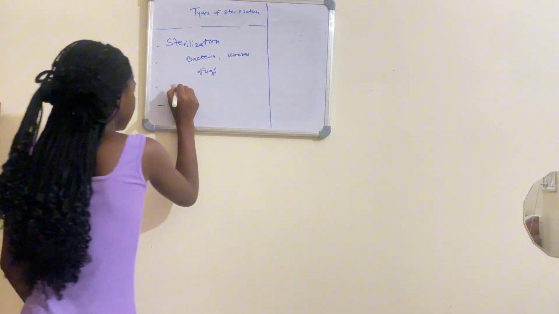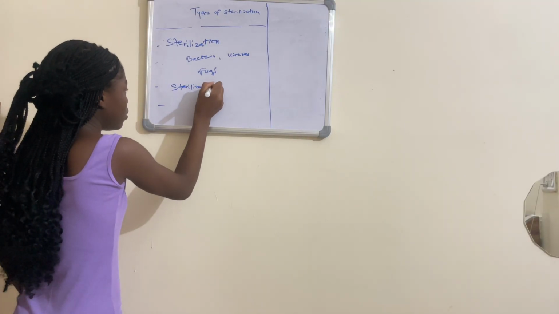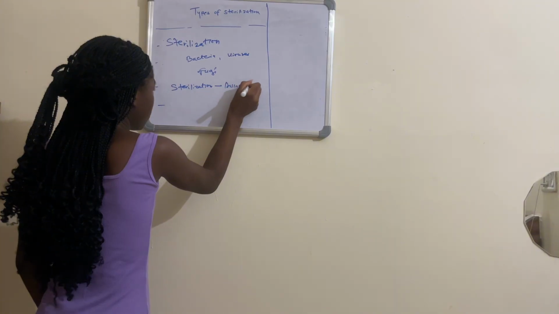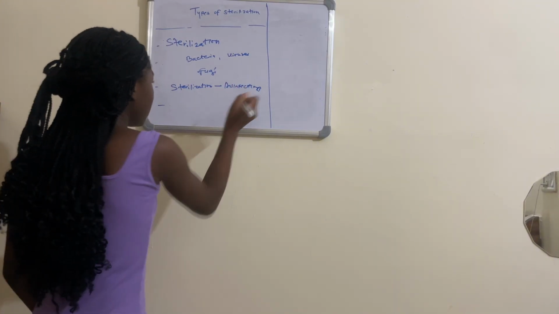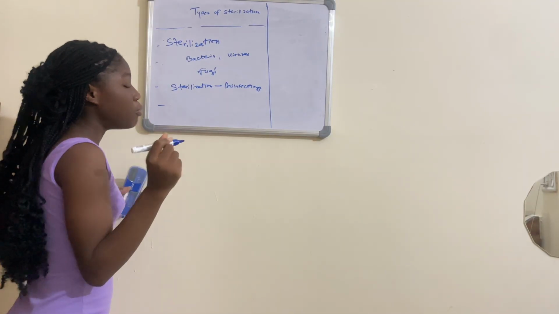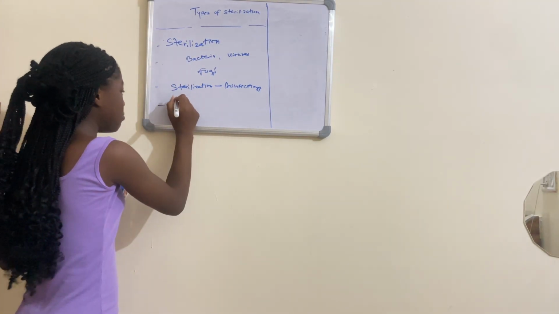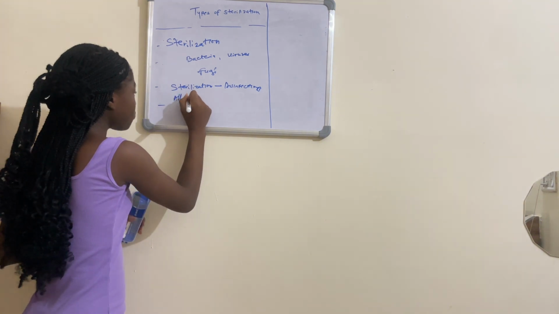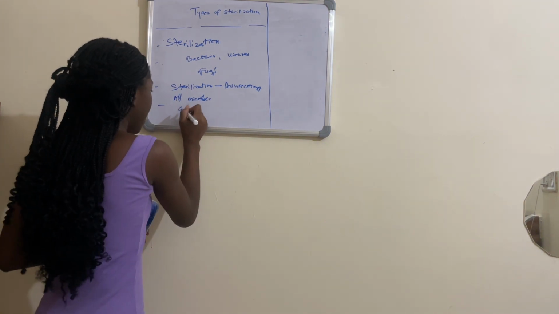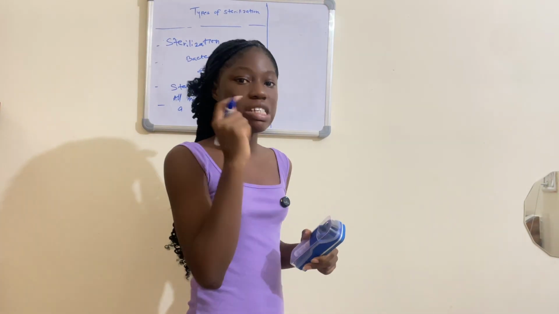So we have sterilization here, and disinfection here. When we are talking about sterilization, we are talking about the process where we completely remove all of the microorganisms, all of the microbes, from that object or instrument we are trying to sterilize.